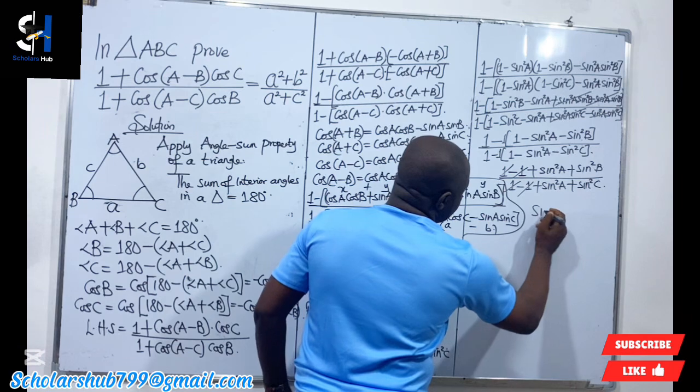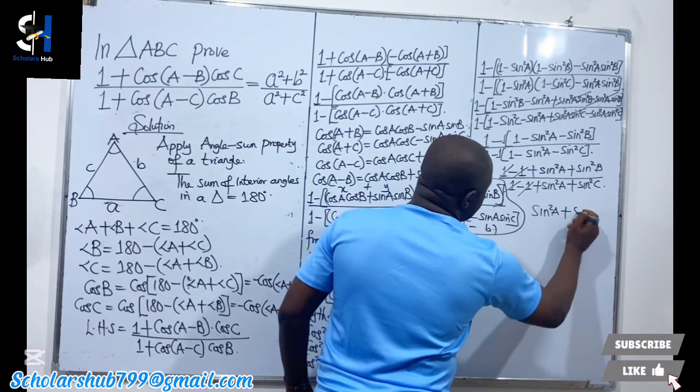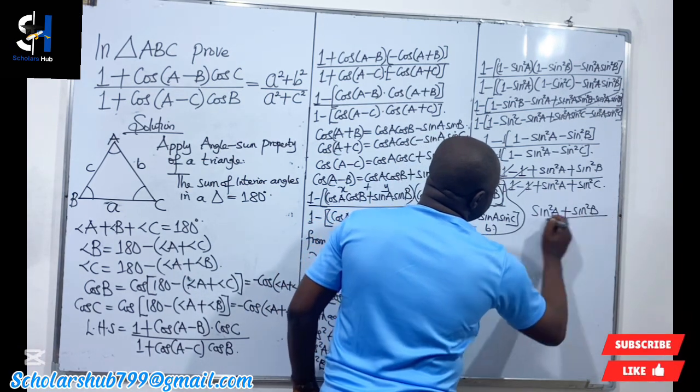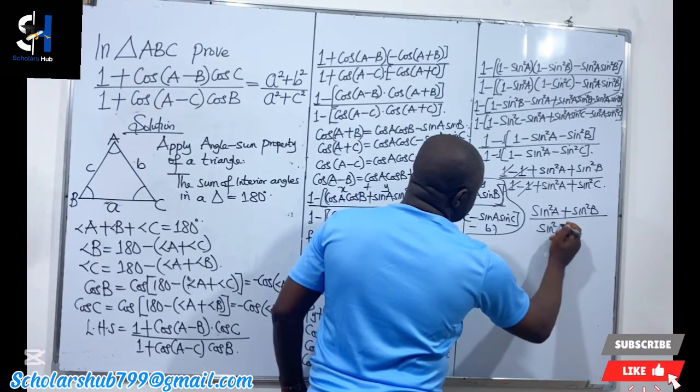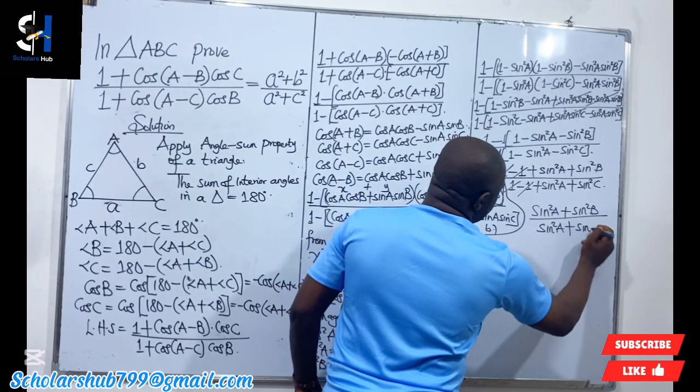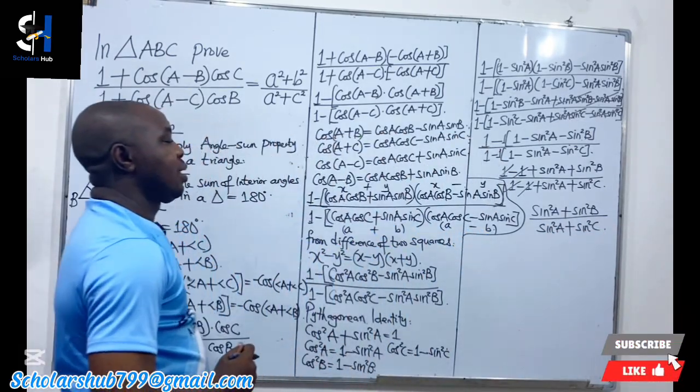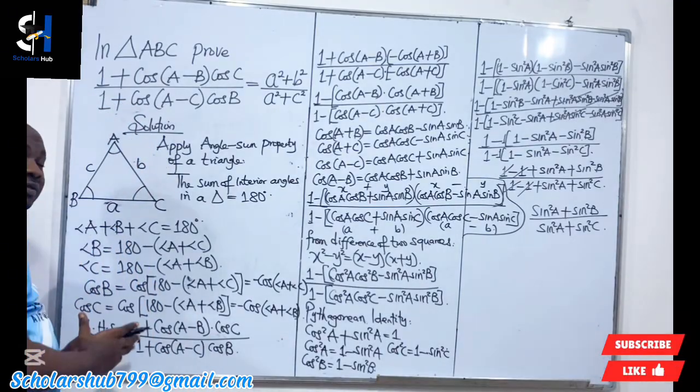So everything will now reduce to sine squared A plus sine squared B, divided by sine squared A plus sine squared C. Okay, so this is still the left hand side.